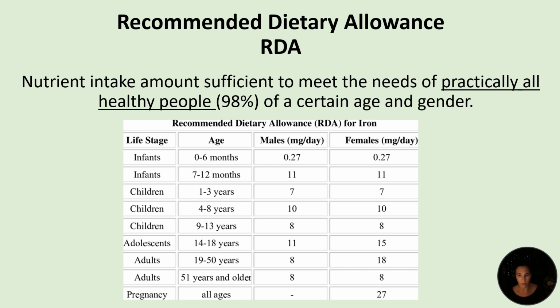Females need a lot more iron than males for this life stage. And then when we get to 51 years or older, you can see it's similar. So again, this is because females of this age menstruate, so they lose iron, and they need more in their diet. So here you can see the RDAs are broken down by age and whether you're male or female.